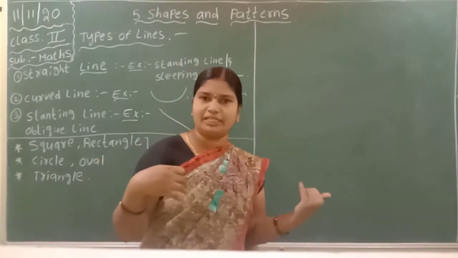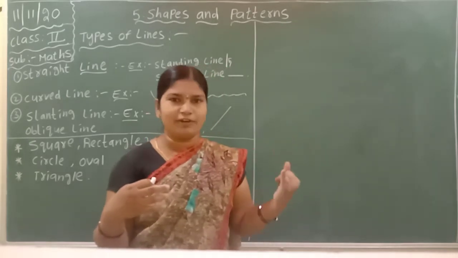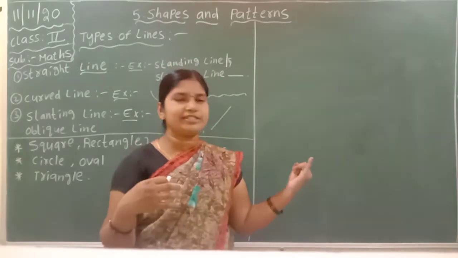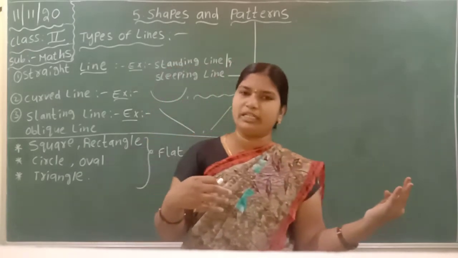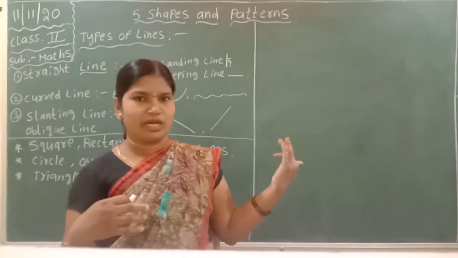After this, today we have to discuss the types of flat shapes. How many flat shapes are there? For those flat shapes, how many corners are there? How many sides are there? What do we remember in that? And what is the example also?